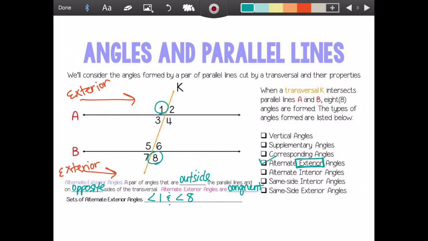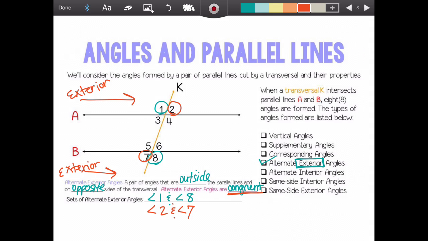And then if we look further, there's another set, angle 2 and angle 7. Again, on the outside of the parallel lines, but on opposite sides of the transversal. So it's two sets there, angle 1 and angle 8, and angle 2 and angle 7. And again, they are congruent.